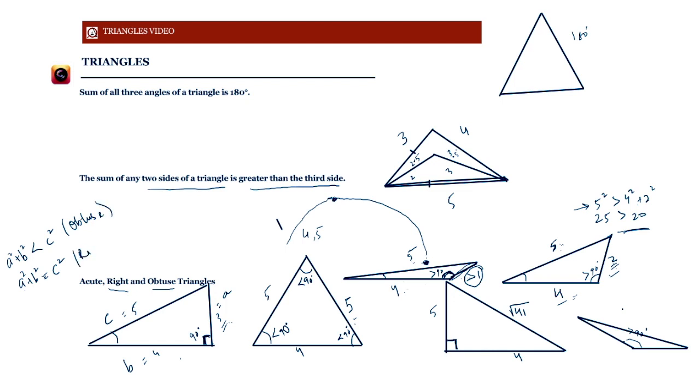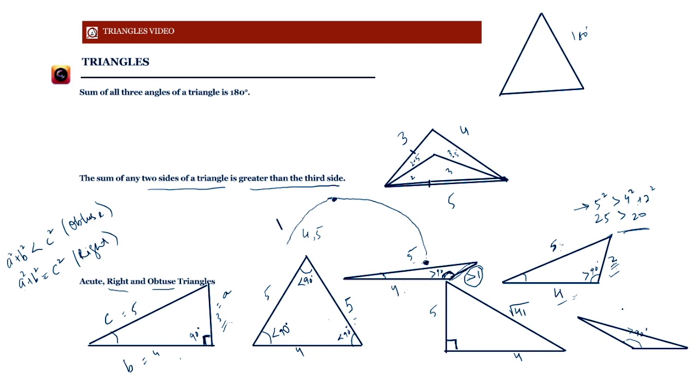This is a right triangle. Then I got an acute triangle, where all the angles were less than 90 degrees. Now here, my 4 square plus 5 square is greater than 5 square. So now a square plus b square has become greater than c square, the third side. Third side as in the greatest side.